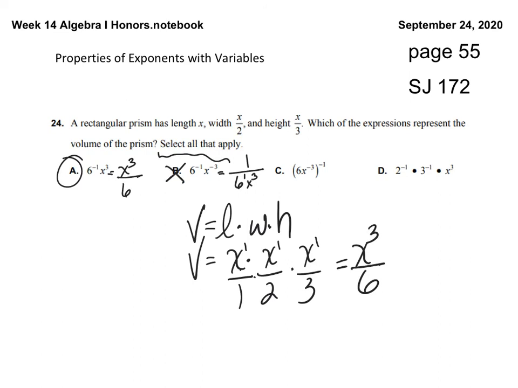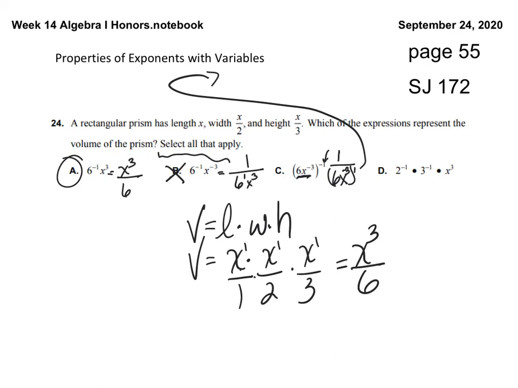For the next one, I'm going to move this to the denominator and make that an exponent of positive 1. That's a negative 3 also. It doesn't change that x to the negative 3. It doesn't change the exponent to a positive 3 because you're only moving it because of this exponent.